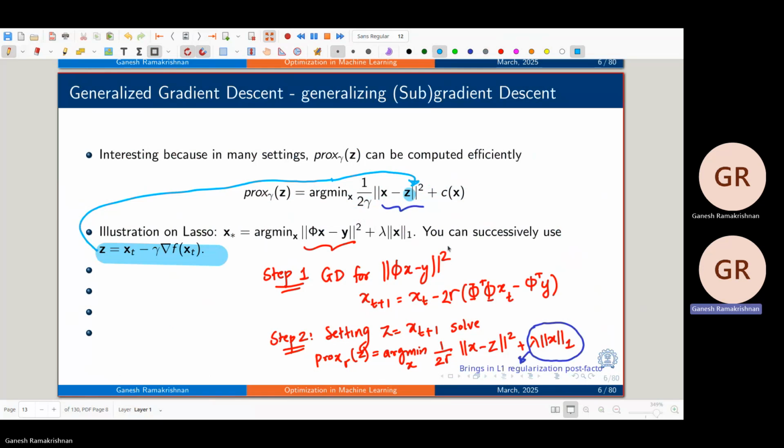Just remember it. Using the sufficient condition, 0 should belong to the subdifferential of the proximal function, that is, 0 should belong to the subdifferential of 1 upon 2 gamma times the norm of x minus z squared plus lambda times the one norm of x.